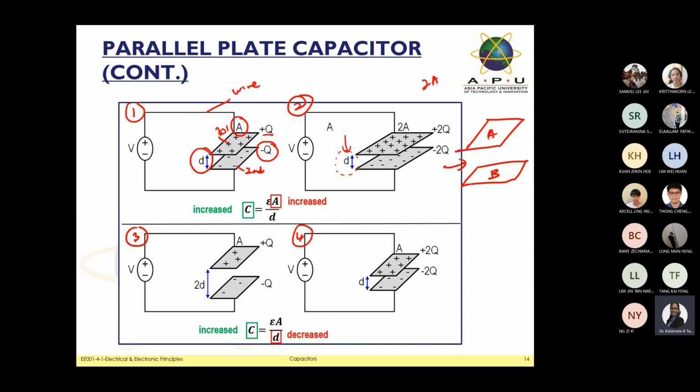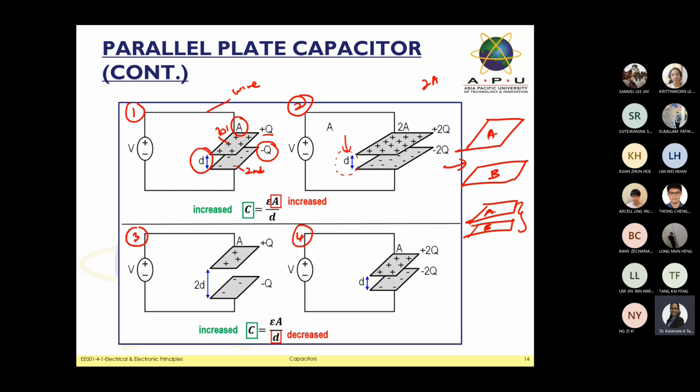And in case plate A and plate B are too near, or we say overlapping, a short circuit can happen. It means the movement of the ions is not proper. So there are reasons why they try to keep the distance between the two plates. Too big will have a problem, and too small a gap will also have a problem.